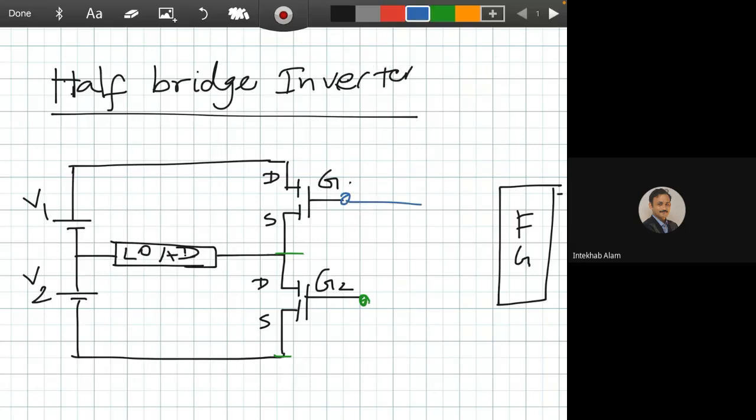When we apply a signal from the function generator, sorry, this should be in this form, and whenever we apply a signal from the function generator, there should be an inversion in here.